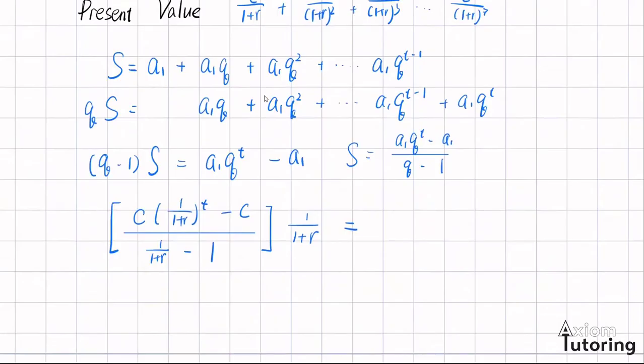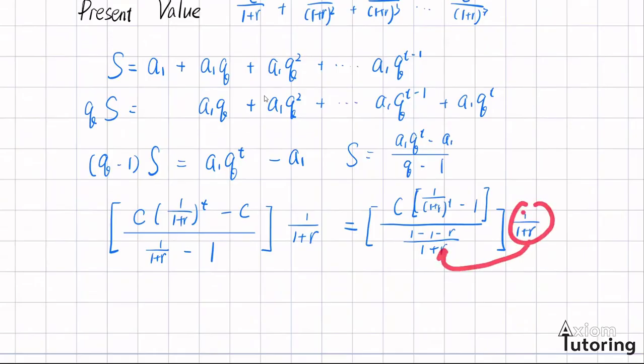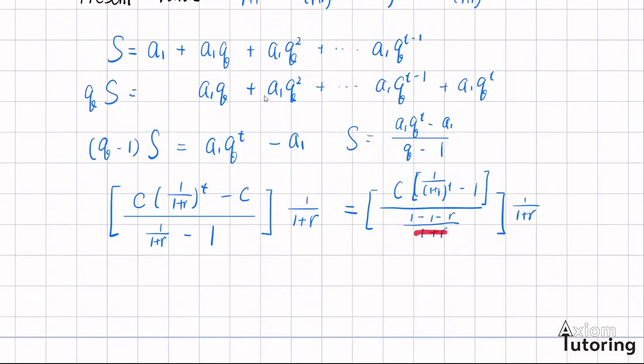On the denominator, you can just write 1 minus (1 plus r), remember it's a minus sign. Here you can collect the terms, which is 1 over (1 plus r) to the power of t, minus 1, and remember the outside is 1 plus r as well. If you take this part inside, you will cancel these two, and the 1 minus 1 is also cancelled, and you're left with the minus r.